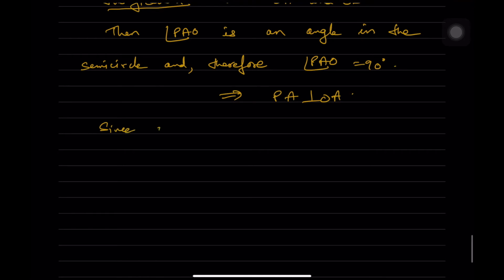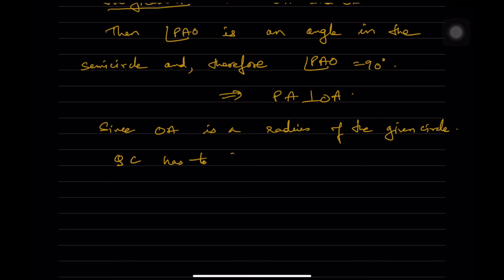Since OA is a radius of the given circle, QC has to be the tangent to the circle.